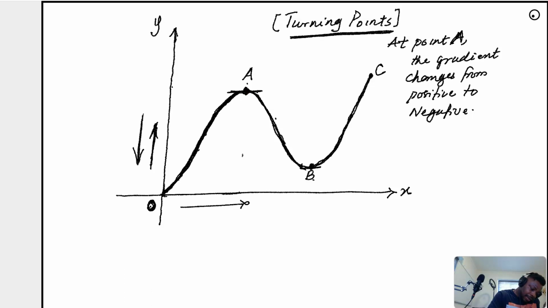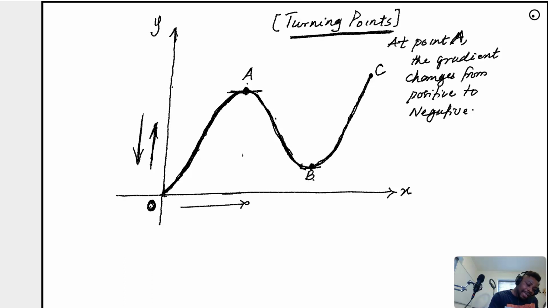After point A, gradient is negative. So at point A, that is where the gradient changes from positive to negative. So at that point, that is what we call the turning point. Why? Because it's turning from a positive gradient to a negative gradient.